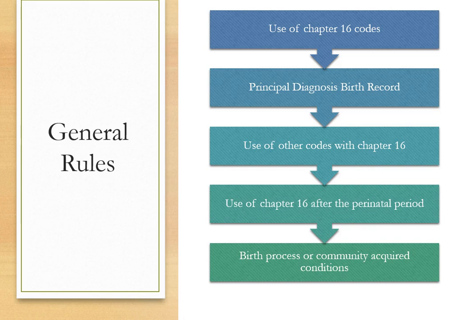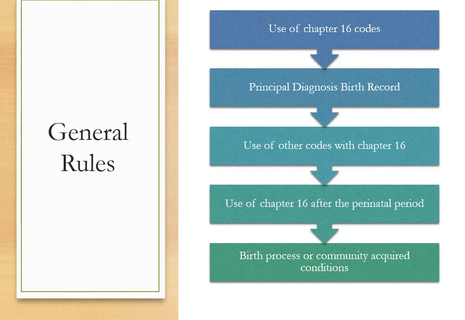we still code it. Now, let's talk about birth process or community-acquired conditions. If the newborn has a condition that may be either due to birth process or community-acquired, and the documentation does not indicate which one it is, the default code is the birth process, and then you're going to use a code from chapter 16.